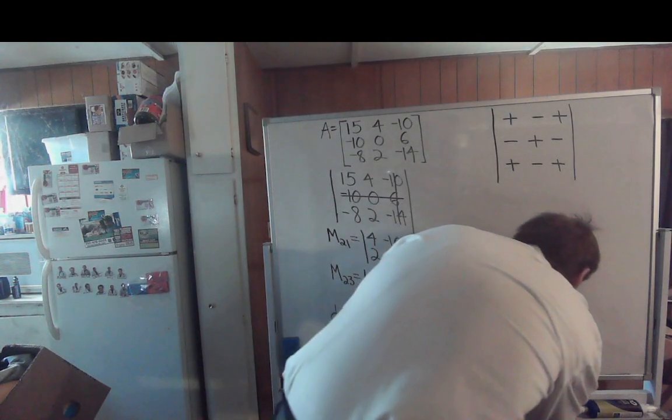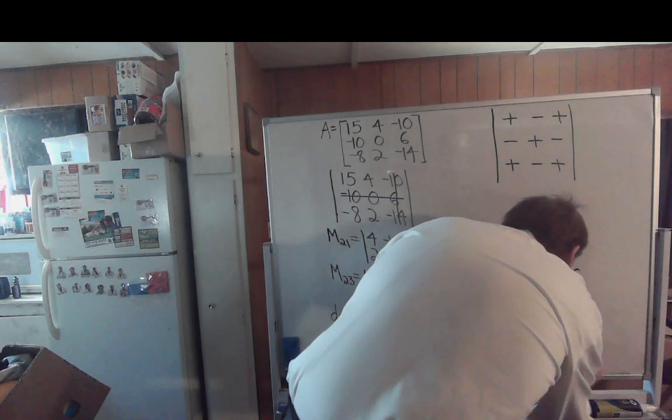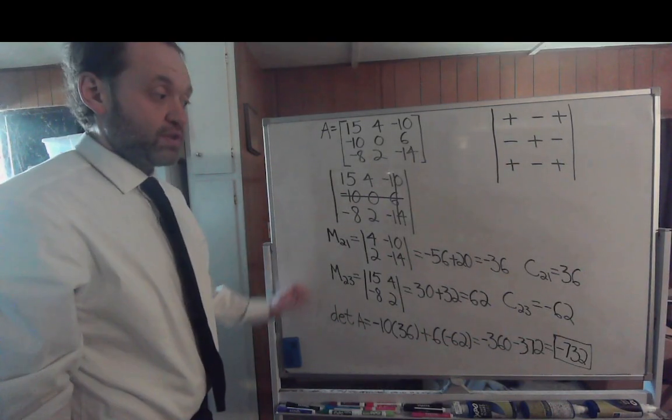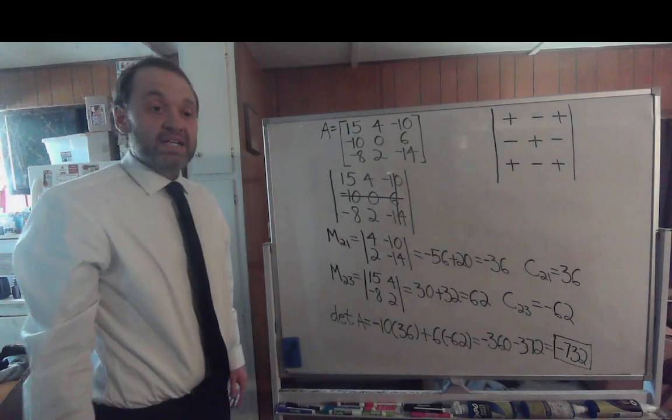Negative 732. Yep. So the determinant of this matrix is going to be negative 732. So that's it for basic finding determinants.